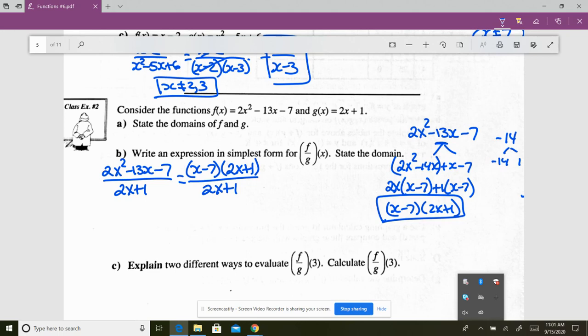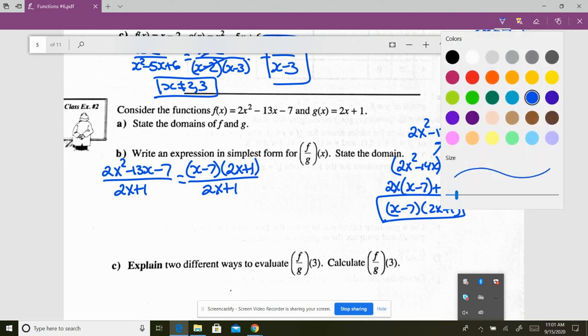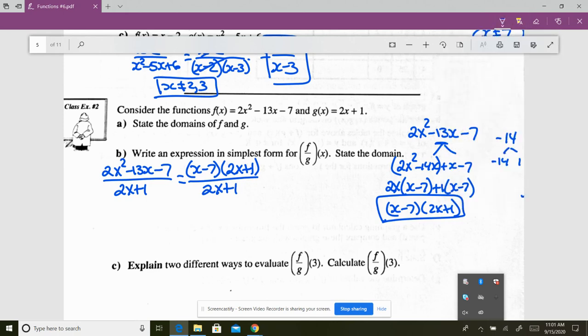So we can do our restriction. What is the restriction? What makes the denominator 0? If you're not sure, what you can do is take the denominator, 2x plus 1, and set it equal to 0 and just solve it.